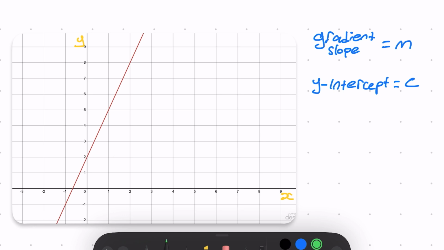How do we find these two properties? We've got the gradient and we've got the y-intercept. The y-intercept is fairly easy, so let's start with that. Our y-intercept is the point at which the line, so this red line here, hits the y-axis.